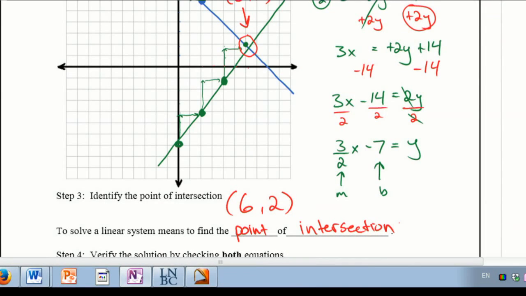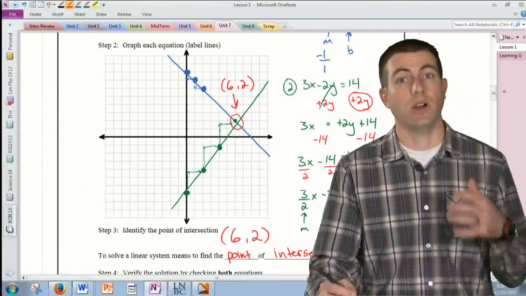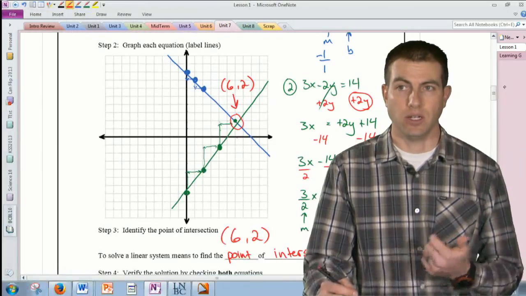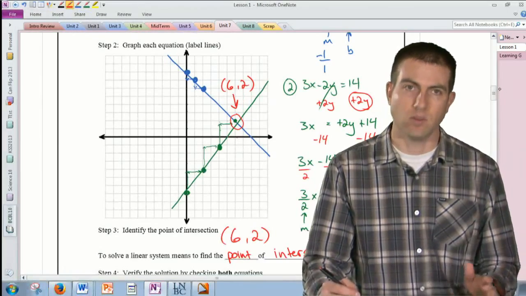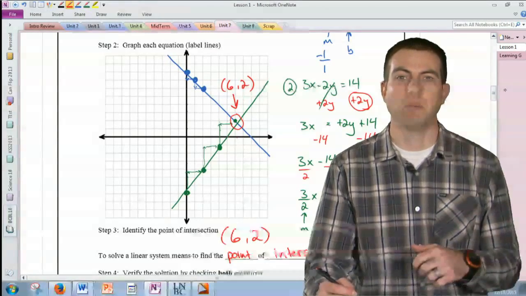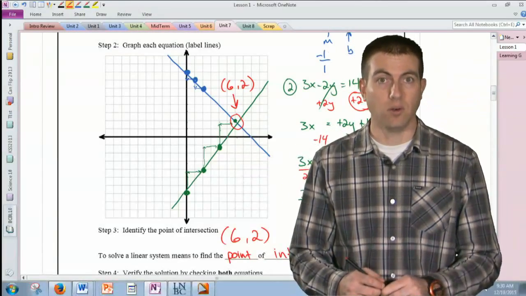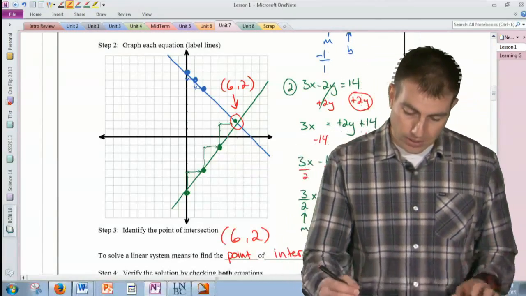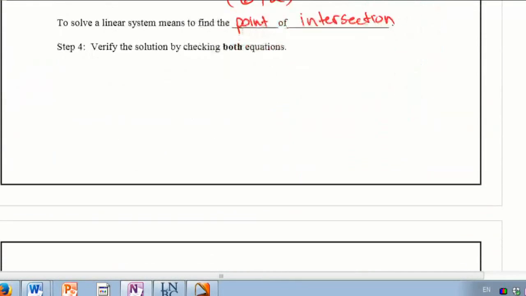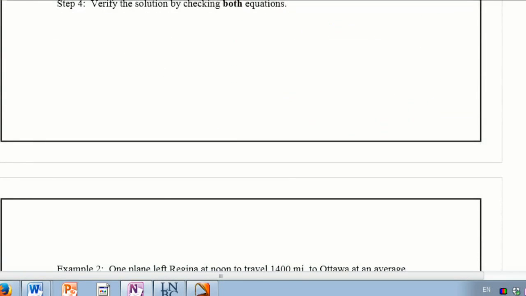Now again, the great thing about this unit is we can always check to make sure our answer is right. Very rarely in math, well, not rarely, we did it in the factoring unit, but we have the ability to actually check to make sure we've done this correctly, so we'd be crazy not to check. So I'm going to just scroll down here and write my two equations.